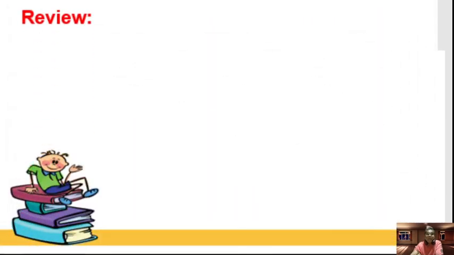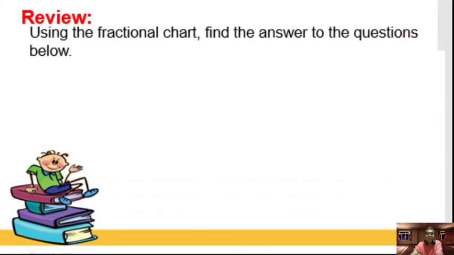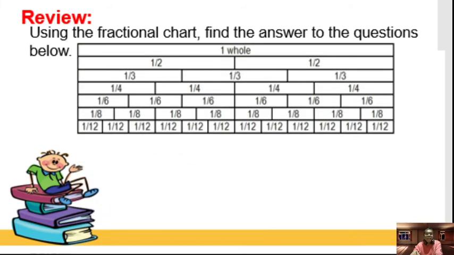Okay. So, let's have a review. Please take note. Okay, let's use the fractional chart and then answer the questions below. So, of course, you have the 1/2, 1/3, 1/4, 1/6, 1/8, and 1/12.